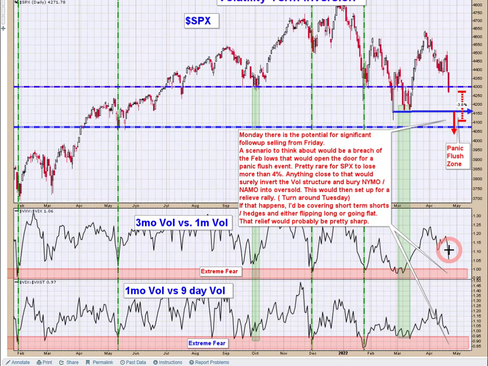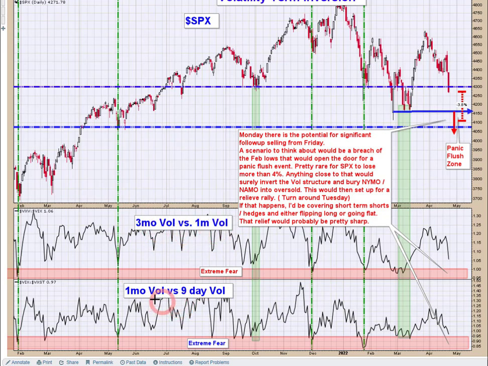Now, I haven't spent a lot of time on this particular metric, but I think it's going to be somewhat important to think about going forward into the early part of the week. On the top, we've got the S&P 500. On the bottom, we've got 3-month volatility versus 1-month volatility.